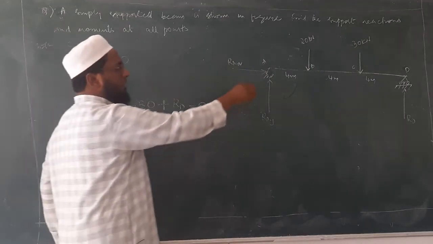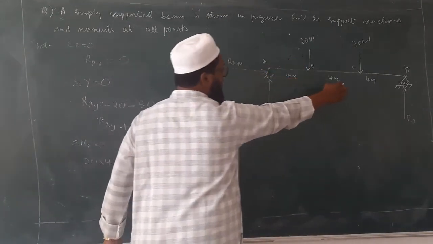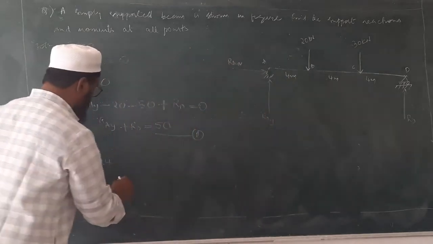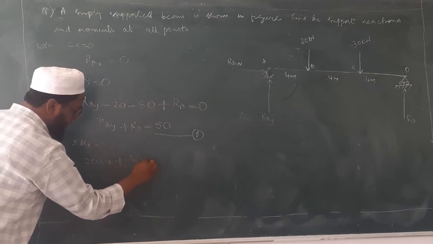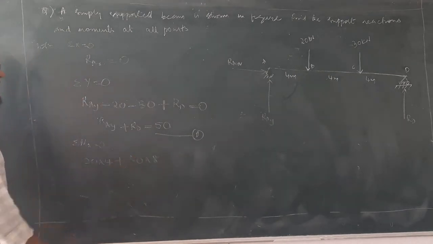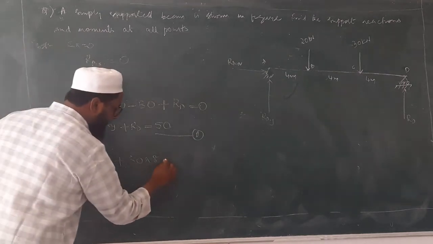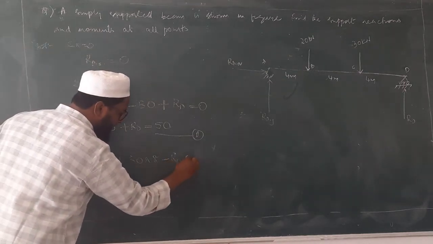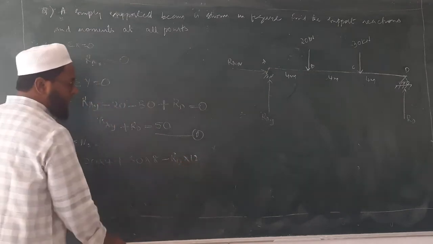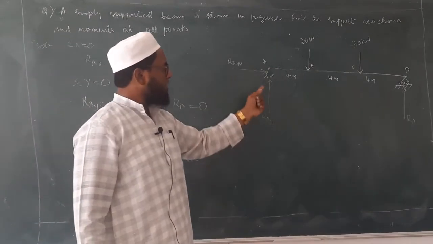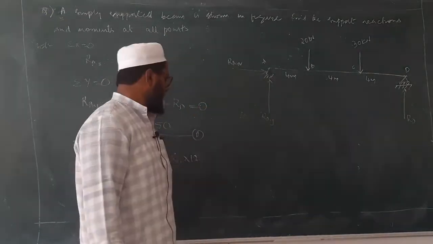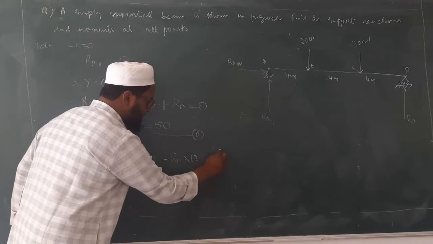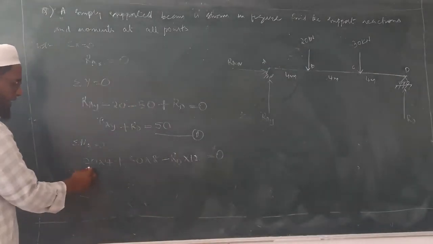See, 30 into 4 plus 4, 8. So plus 30 into 8. Next, minus RD into 12. Any other force? These two forces will become 0, because I am calculating moment at A. Is equal to 0. Now solve this one. 20 into 4 is how much?